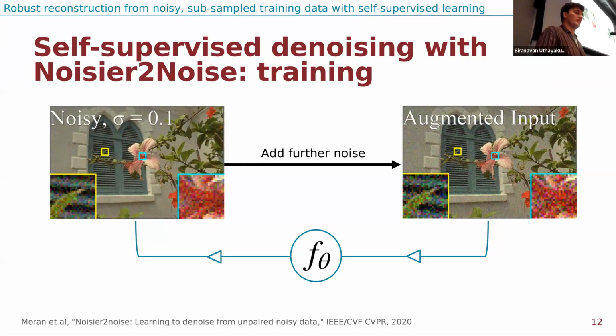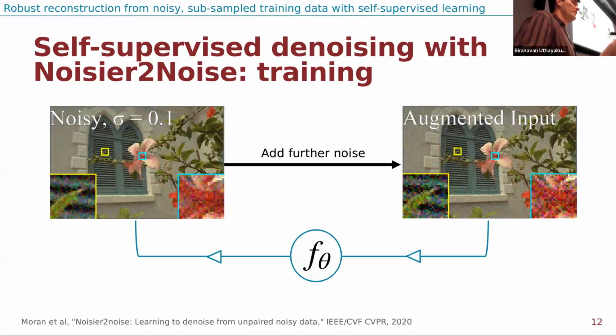The method that we've been focusing on is called noisier to noise. The way that noisier to noise works is that we take our noisy image, as shown on the left here, and then we add more noise to get a further noisy image. Then we train our network F to map from the further noisy image to the less noisy image. Some of you may be familiar with the method noise to noise, which maps from a noisy image to another independent noisy image.